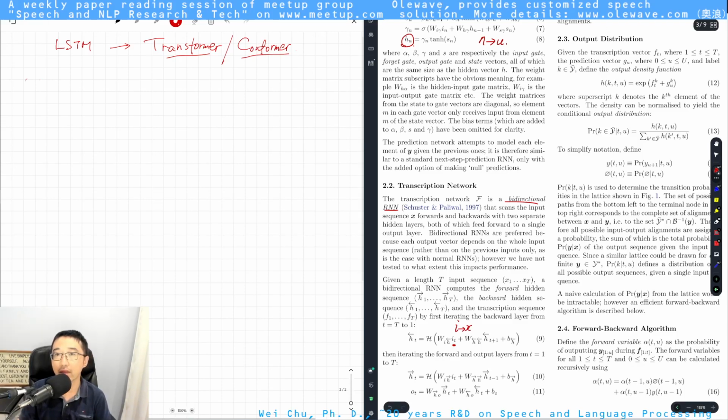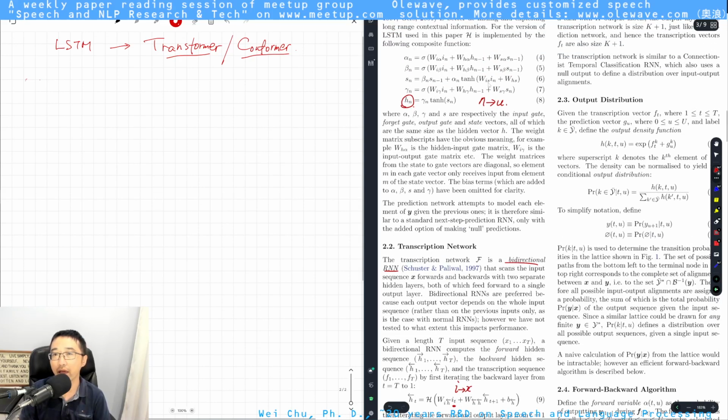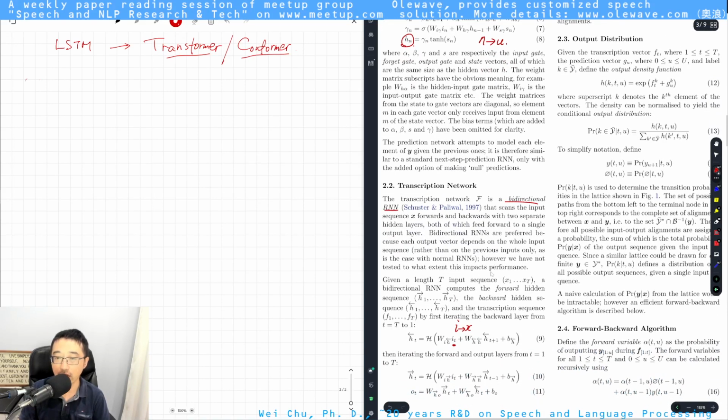He did some I here, but I don't think he actually explained what I is. I think he mentioned this is the speech feature. At the first layer or the first block of the bidirectional LSTM RNN, the I is X, but in the upper layers it's no longer X, it's some intermediate feature.